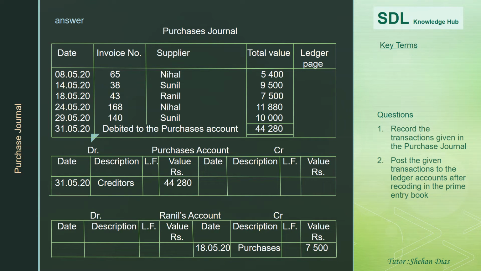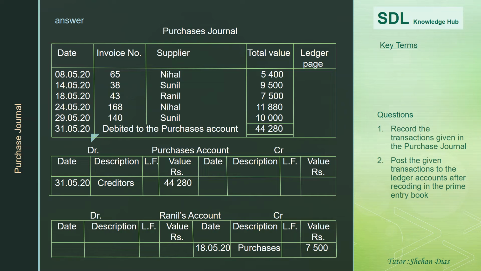Then from Nihal, 60 packets of half sheet papers at 220 each with a 10% trade discount. The total value, 60 into 220, is 13,200, from which the 10% discount amounts to 1,320.